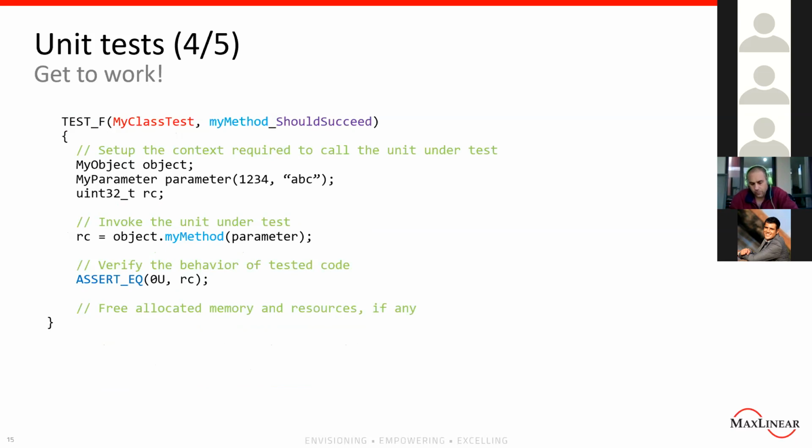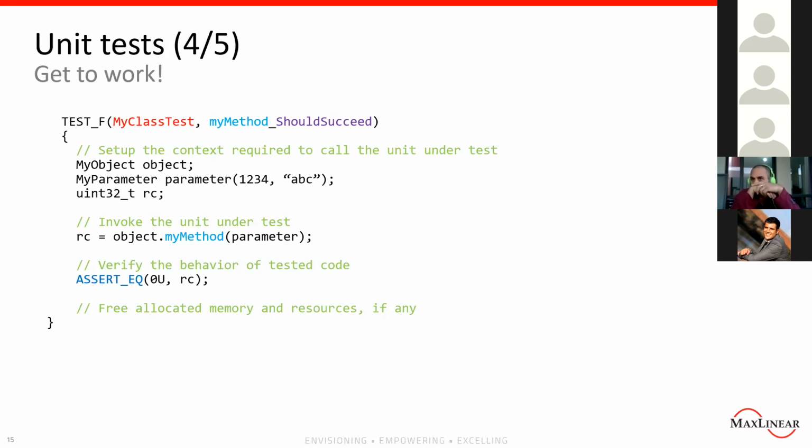All the code that appears before that method is invoked is code to set up the context required to call that method under test. I mean, we have to create some objects, some parameters, some context to be able to call the method under test. Then we invoke that method, and we get a result, or we expect an exception.